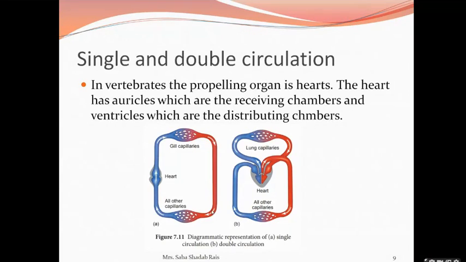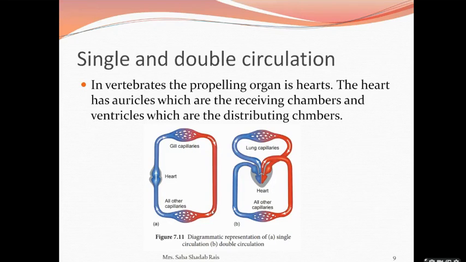So, what is happening in single circulation? What is the circuit we need to remember? From the body tissue, the blood goes to the heart. From the heart, it goes to the respiratory organ, and from the respiratory organ, the blood is given to the body. I repeat, the deoxygenated blood collected from the body part is given to the heart.